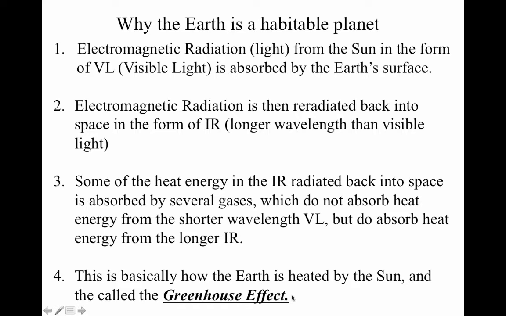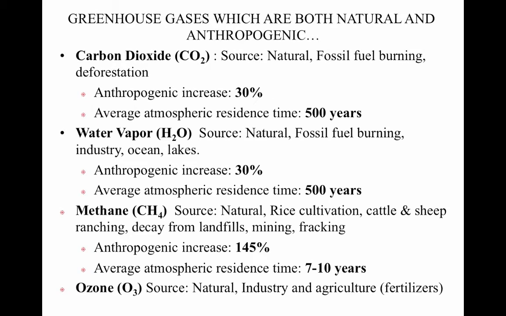By the way, it's a good thing, because without the greenhouse effect, at nighttime the Earth would be completely cold, losing all of its energy. So the greenhouse effect allows the infrared light that's re-radiated back towards the atmosphere to kind of bounce around, and the Earth doesn't get completely chilled to absolute zero every night.